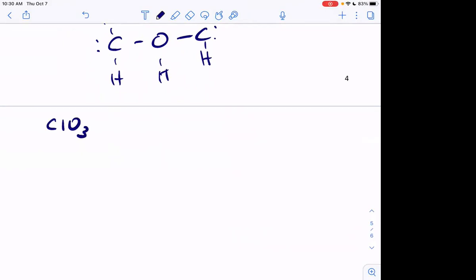ClO3. We're going to do the Lewis structure, then we'll do the electron domain, and we'll do VSEPR. Give it a shot. Take a second and scratch it out.